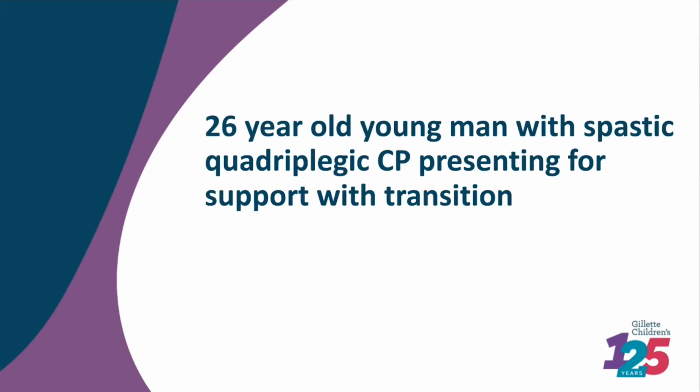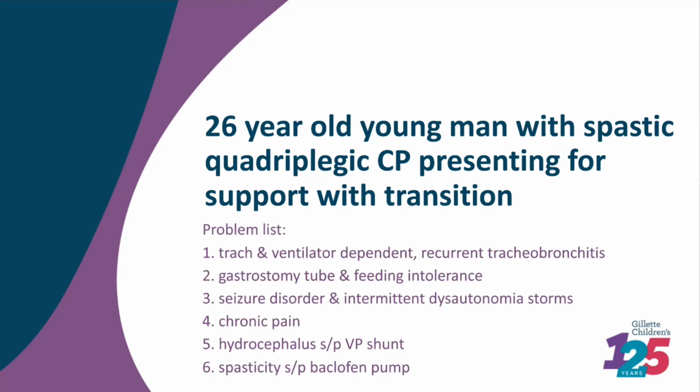This is a 26-year-old with spastic quadriplegic cerebral palsy who presented to me for support with transition. And this was actually because transition and transfer of care had not gone well. This patient has a trach and a ventilator, gets recurrent tracheobronchitis.